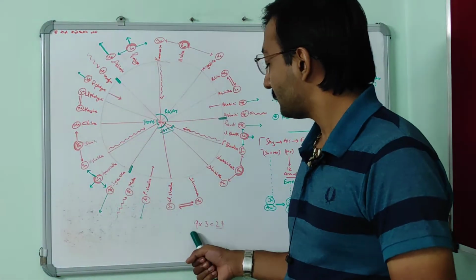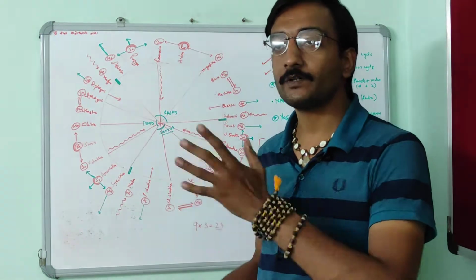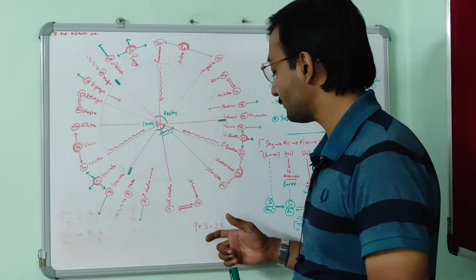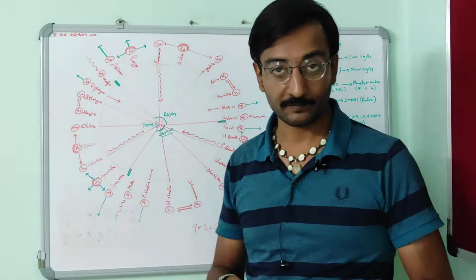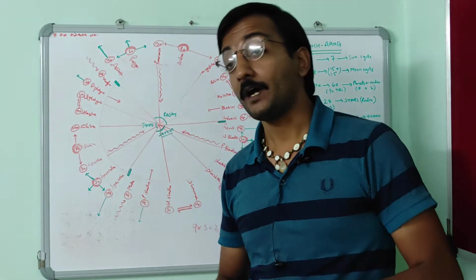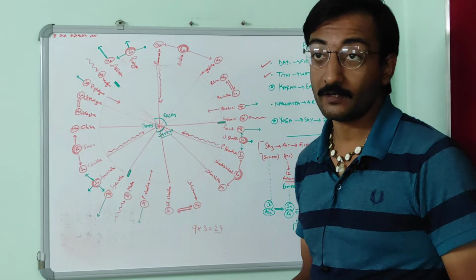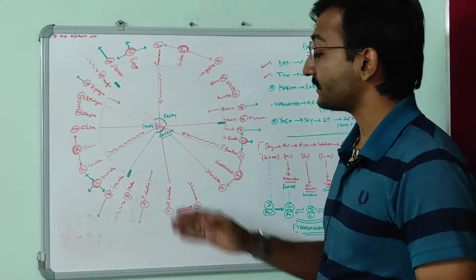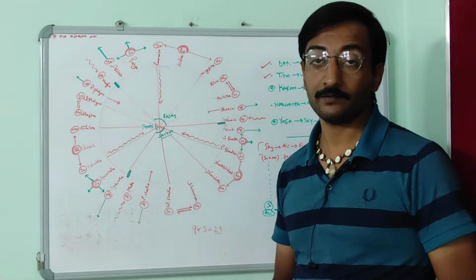9 times 3 gunas, that is Sattva, Rajas and Tamas, gives 27, and these 27 nakshatras are arranged. Another system is from zodiacs, from 4 padas. 4 into 7 is 28.